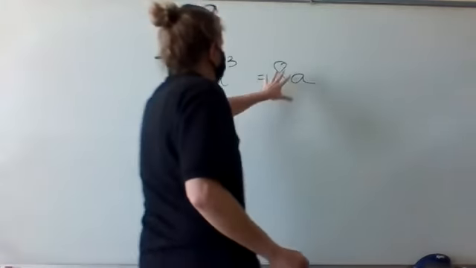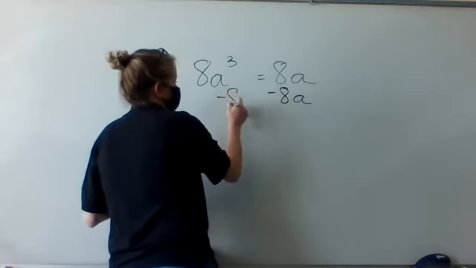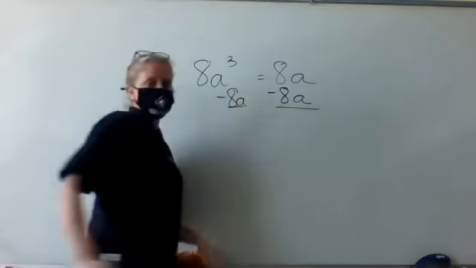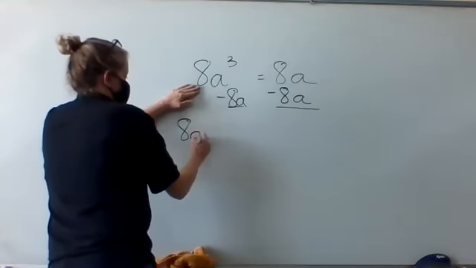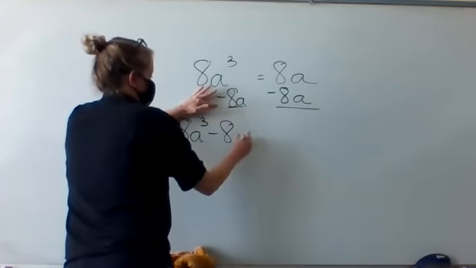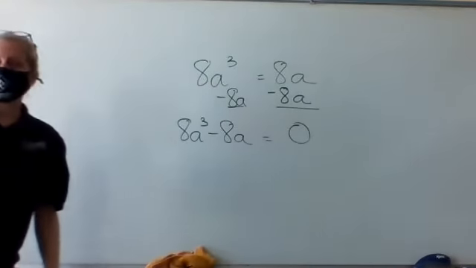And I'm going to try that by putting all the terms on one side and set it equal to 0. So subtract the 8a from both sides first. So now I have 8a to the 3rd minus 8a equals 0.